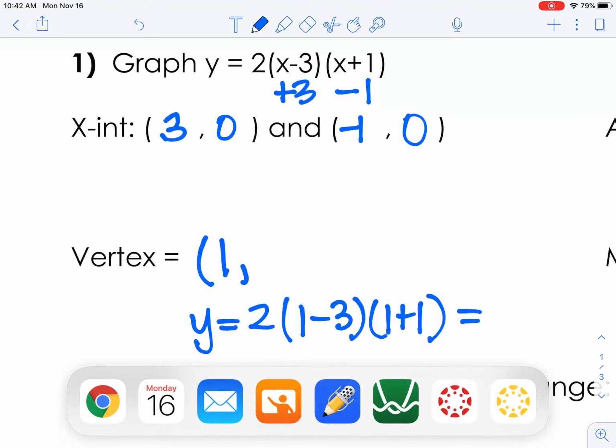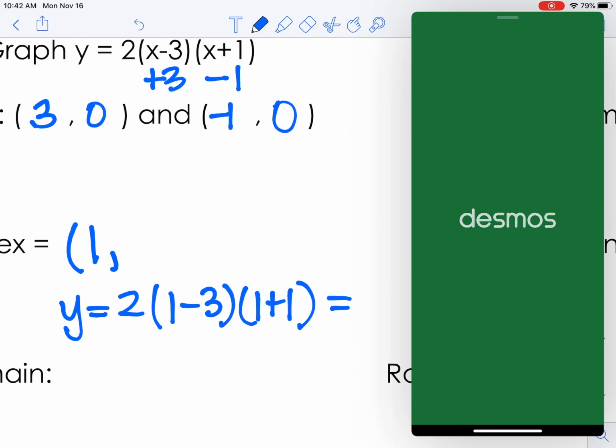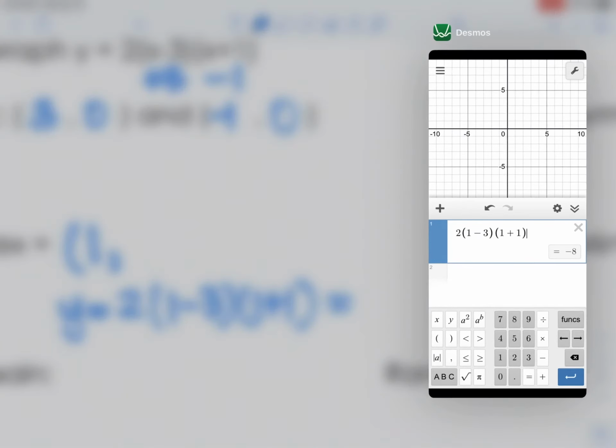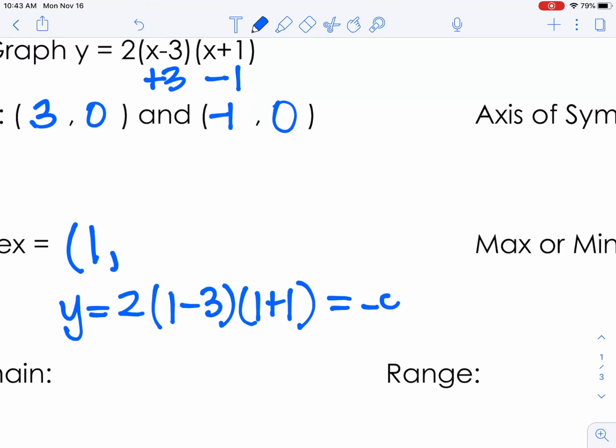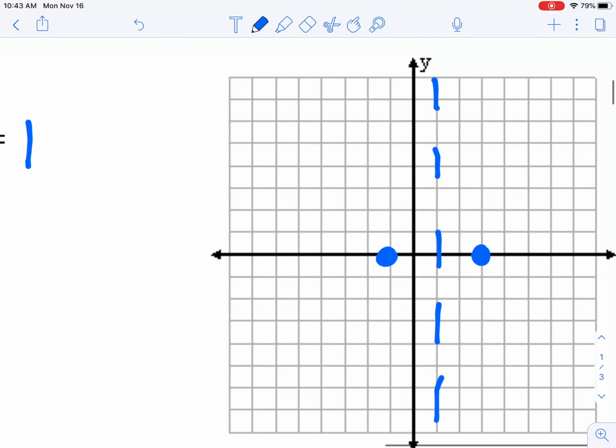Now in Desmos, we have 2 times (1 minus 3) times (1 plus 1), which is negative 8. So I'm going to go out to 1 and then down 1, 2, 3, 4, 5, 6, 7, 8.